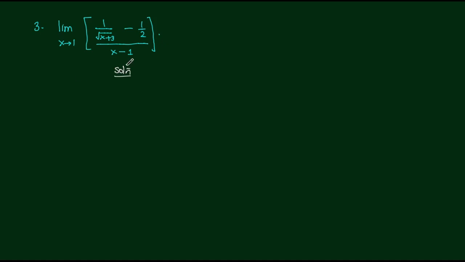Let's pull out the numerator, and in the numerator we have just 1 over the square root of x plus 3 minus 1 half, and as before we divide this with our denominator, which is x minus 1, and this is also tending to 1.